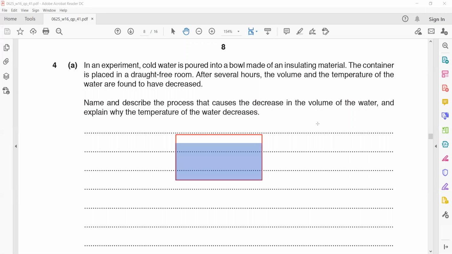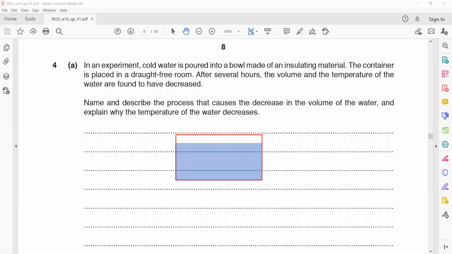After several hours, the volume and the temperature were found to have decreased. Name and describe the process that caused this decrease in volume, and explain why the temperature of the water also decreases.